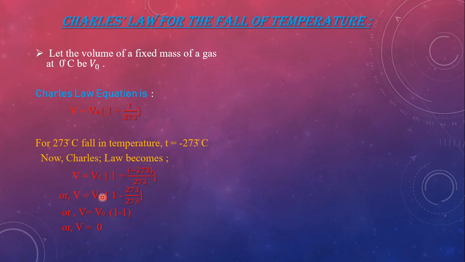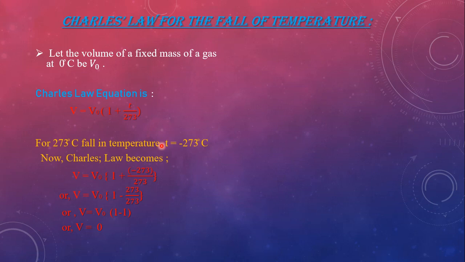Right? This is for gas. So therefore, theoretically, what it says is at minus 273 degrees Celsius, the volume becomes zero, and this is the reason why this particular temperature of minus 273 degrees Celsius is known as absolute zero temperature. Do you get it now? So absolute zero temperature is basically an extension of Charles' law, right?